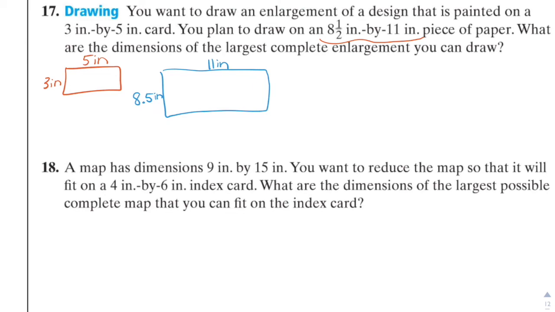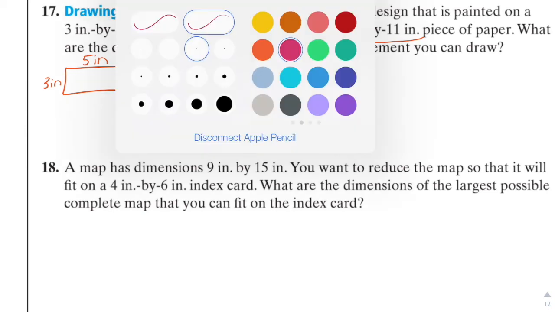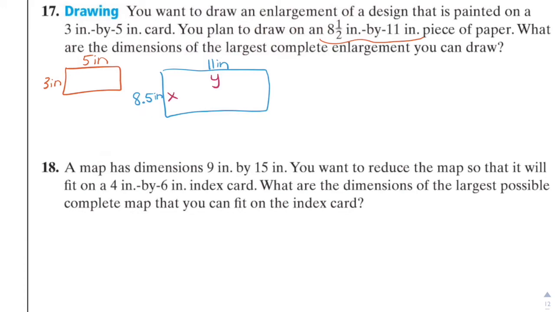So here's what we're going to do. We're going to ignore this for a second. We're going to call this side X, and we're going to call this side Y. So what we want to do is see how 3 over 5 compares to, and let's use the X variable first, X is to 11.